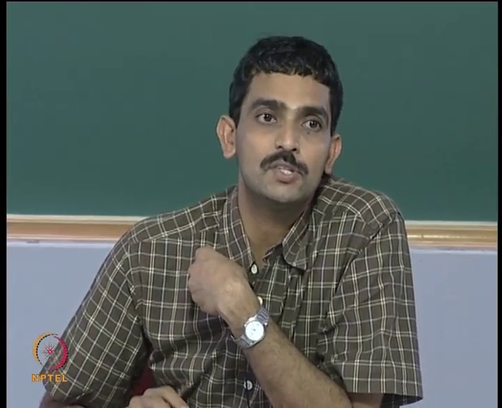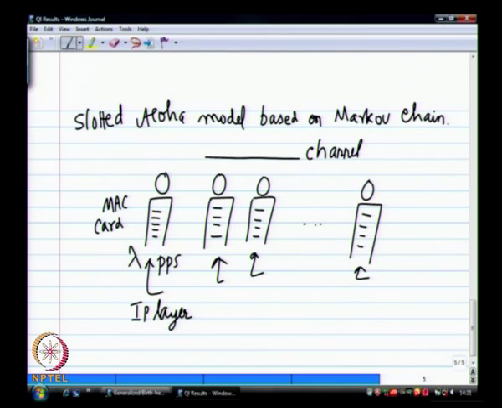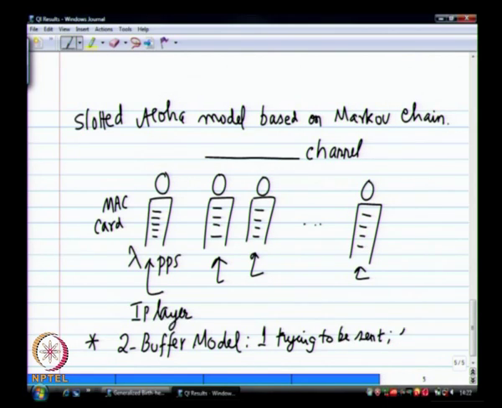So what are the states that each user is going to spend time in? It goes through different stages. To model that we had one restriction, the so-called 2 buffer model, which means there can be one packet trying to be sent, and one that is queued.